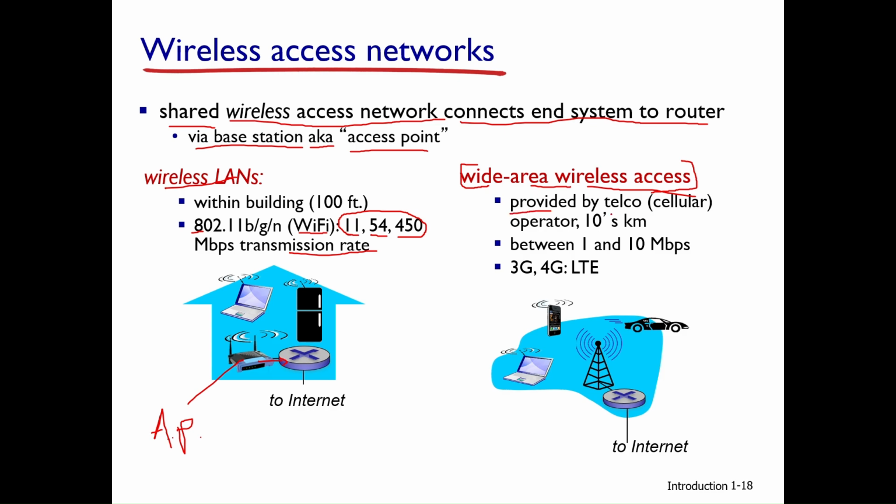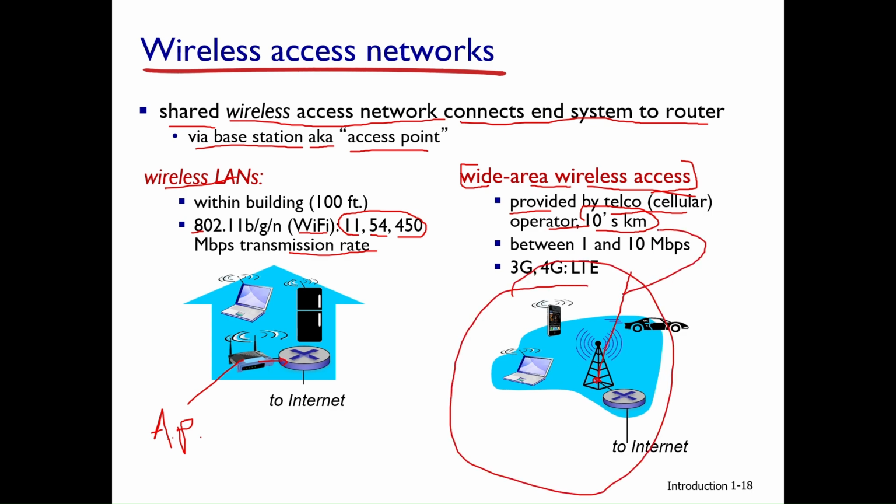It is provided by the telecom or cellular service operator, with a radius of about 10 kilometers from the access point, and between 1 and 10 megabits per second. The maximum range is about 10 megabits per second, with 3G and 4G, also known as LTE.